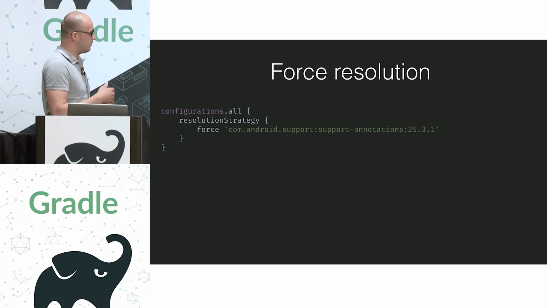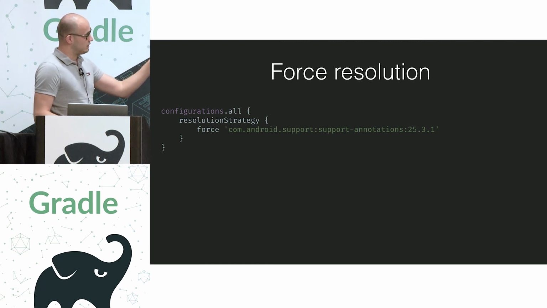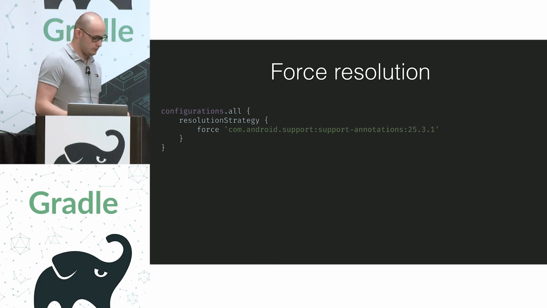So we can say that for all configurations, compile, Android test compile, unit test compile, whatever you have, if you see support annotations, you will use 25.3.1. And so even if you write, for example, a different version in your compile method, then it will get forced to 25.3.1 anyway.